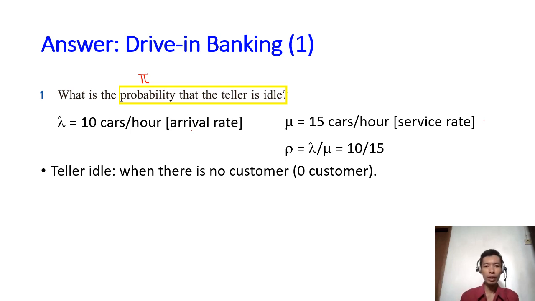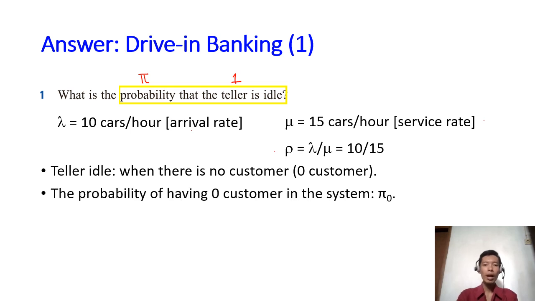Because we have only one teller, the only way he or she is idle is when there is no customer in the system. What is the probability of having zero customers in the system? It is pi 0.